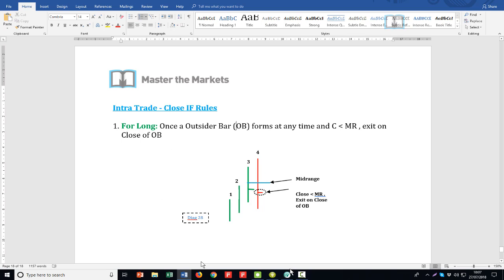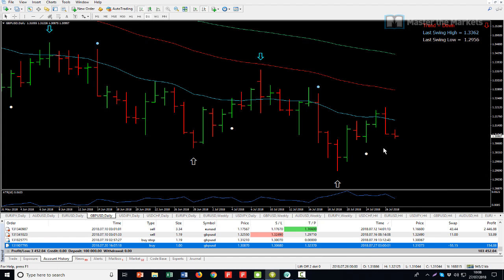If we get that, then we exit the market on the close. You can see it says that quite clearly, and that's exactly what we did last night. So we exited this trade on the close of the market.